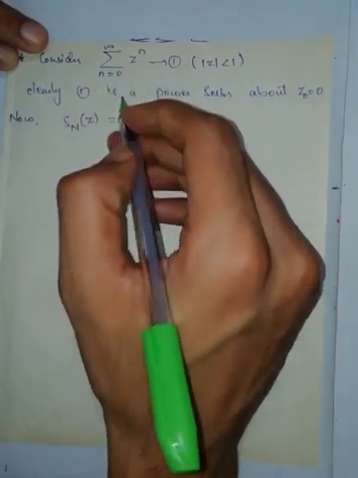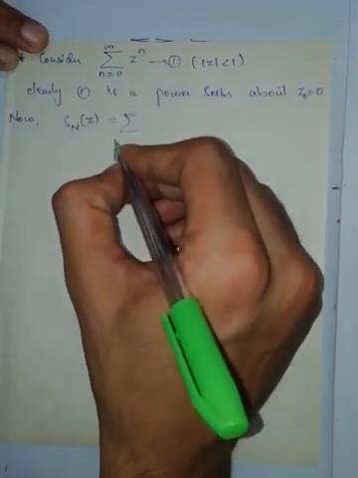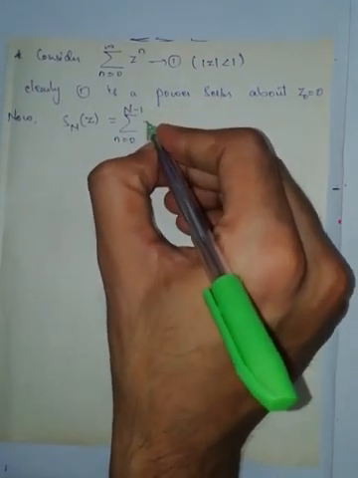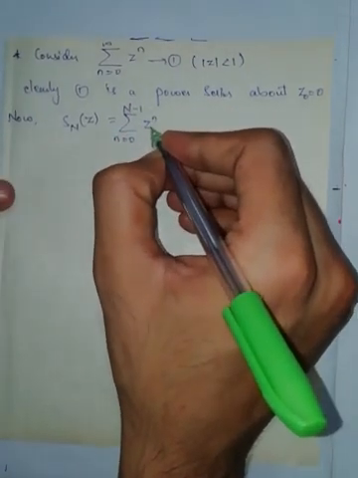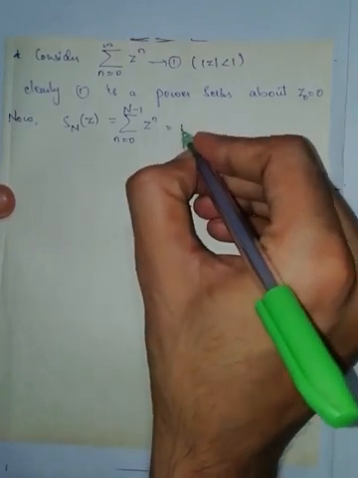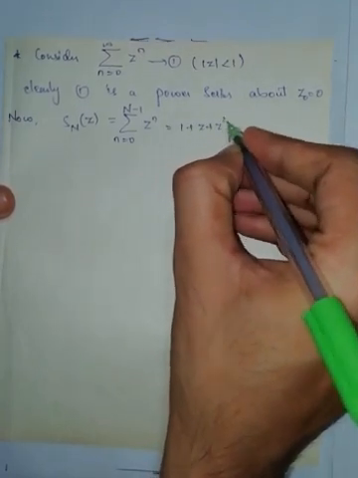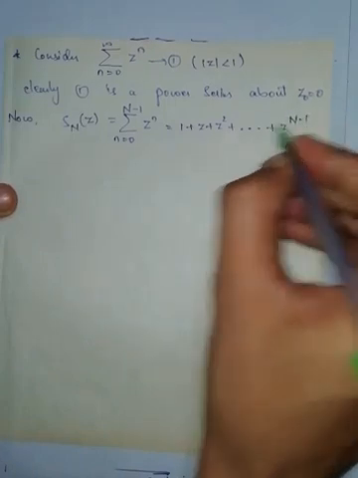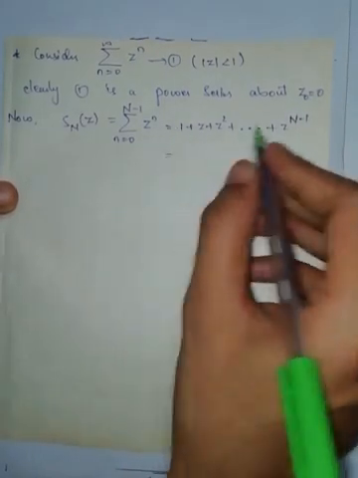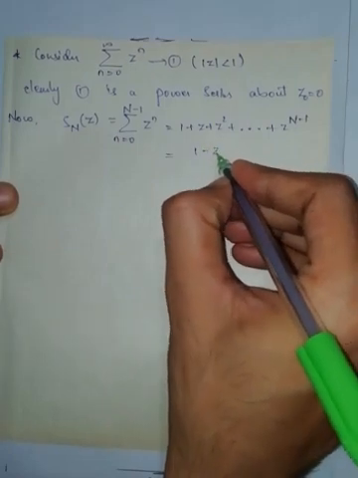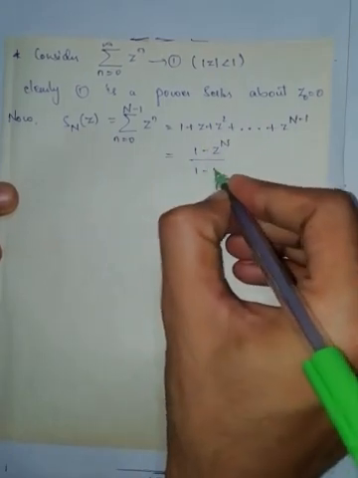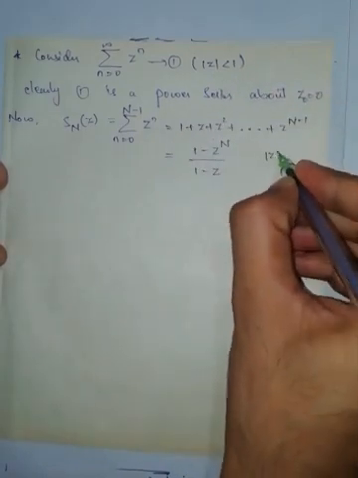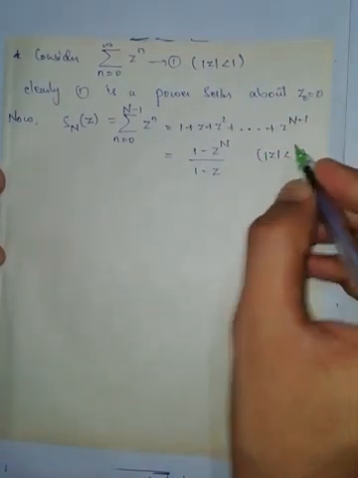The first n terms, that is summation n is equal to 0 to capital N minus 1 z^n, which is nothing but 1 plus z plus z square and so on till z to the power of n minus 1. This series is nothing but (1 minus z to the power of capital N) by (1 minus z). I can write this since modulus of z is less than 1.